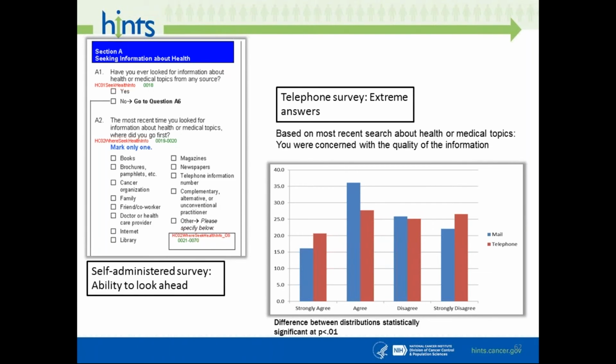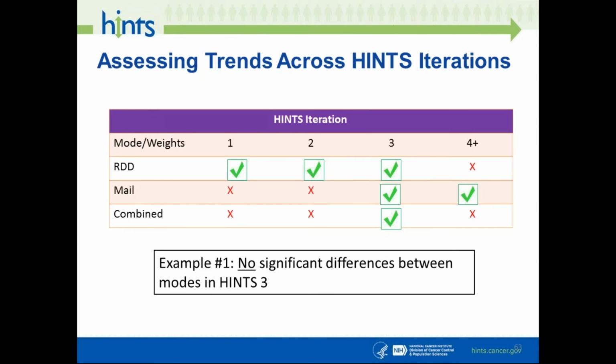Okay. So here's an example of how you decide what to do. You do want to trend across the iterations. So how do you decide which weights to use? So here in this table, these numbers 1, 2, 3, 4 represent HINTS iterations. So HINTS 1, HINTS 2, HINTS 3, and 4 plus. So moving forward, this first row tells you what mode it was. Was it done in RDD?